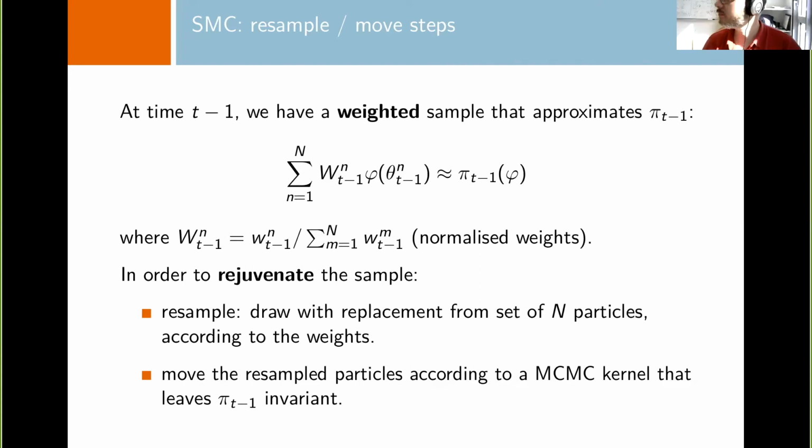Well, one way to interpret any kind of Monte Carlo algorithm is to say that you have this asymptotically for a big class of functions. It's a bit of a formal way of describing Monte Carlo. Because when you discuss Monte Carlo, usually people think in terms of, I want to approximate an expectation and I compute some empirical average, right? But then this is true for a large class of functions, typically any function such that the variance of phi exists with respect to pi t-1, plus other conditions.